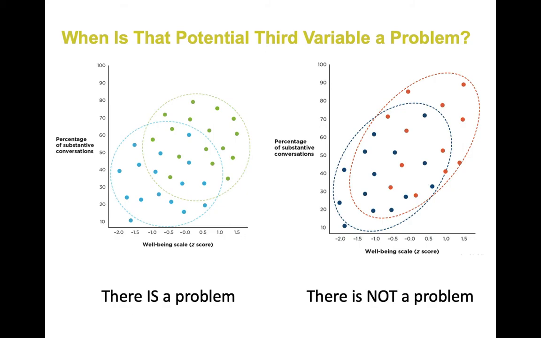Now, it's interesting that when we come up with a third variable explanation for an association, we can ask whether there's a problem for internal validity. So what we have here in this example is in the textbook, but we've got a correlation between the well-being that people report and the percentage of substantive conversations.